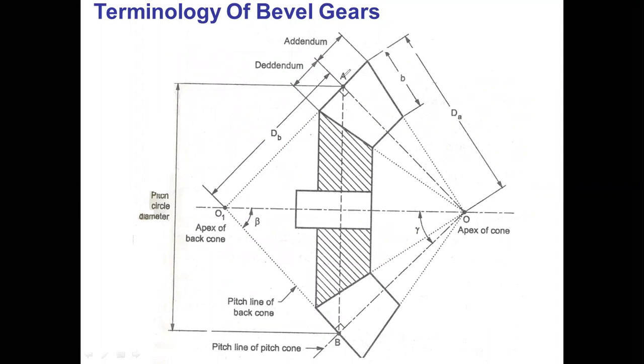The distance from O1 to A or O1 to B is called the back cone distance. This is another terminology.